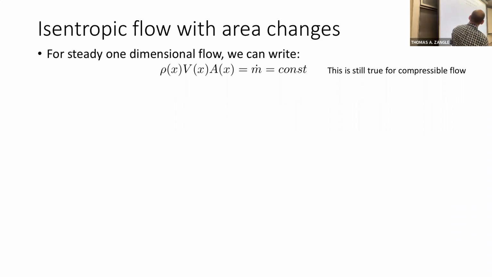So let's try to look at that. If we have steady one-dimensional flow, we know we can write rho V A is equal to m dot is equal to a constant, right? So we're going through some system, moving through that system with X as our variable, with variable area.